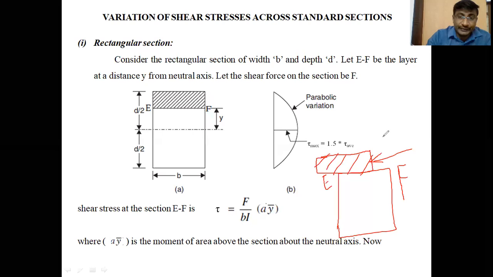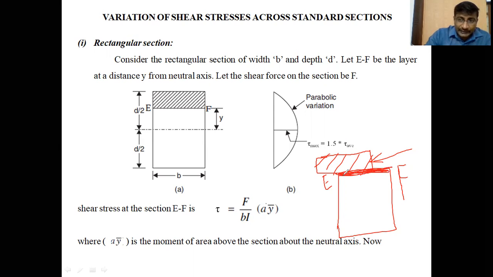Due to this unbalanced force, the area which is above the level EF slides over the other area. Due to this sliding of one area over the other, the shear stresses will be developed at the level EF. Here the shear stresses will be developed.